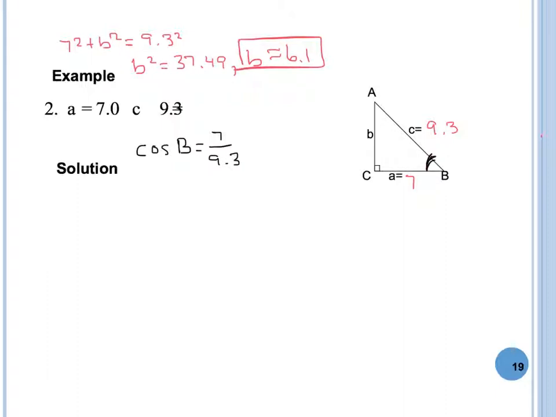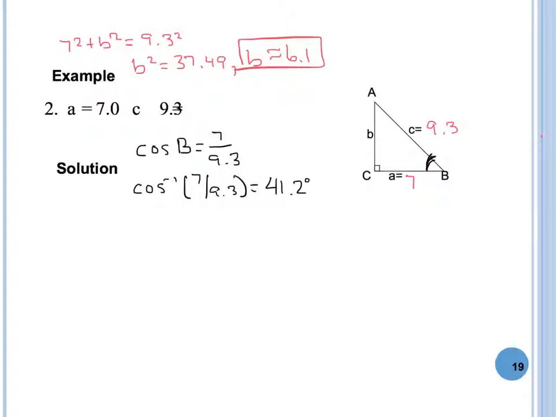So to get b by itself, I would have to do an arc cosine or an inverse of that fraction. And let's see, I'd get about 41.2 degrees.